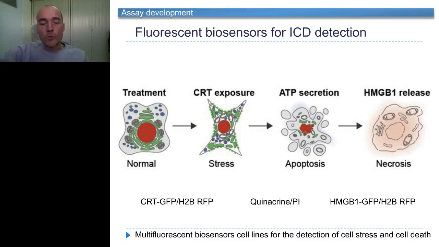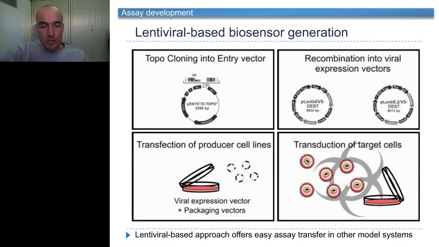We also constructed a biosensor cell line that co-expresses HMGB1 with H2B-RFP. So the HMGB1, which is a non-histone binding protein in the nucleus of the cells, can be easily detected, and its release can be followed by image analysis.